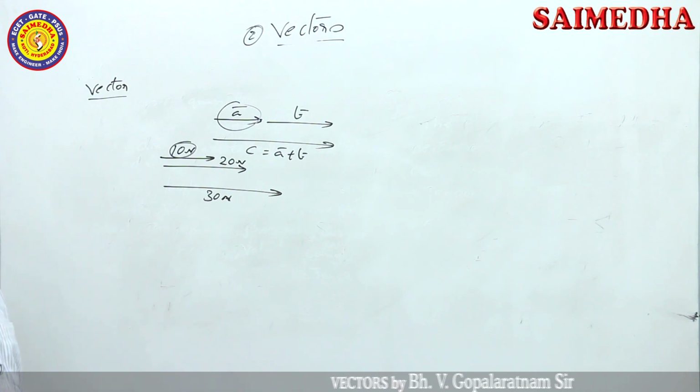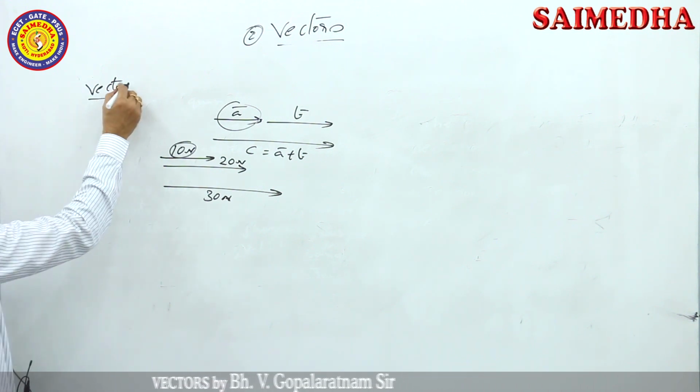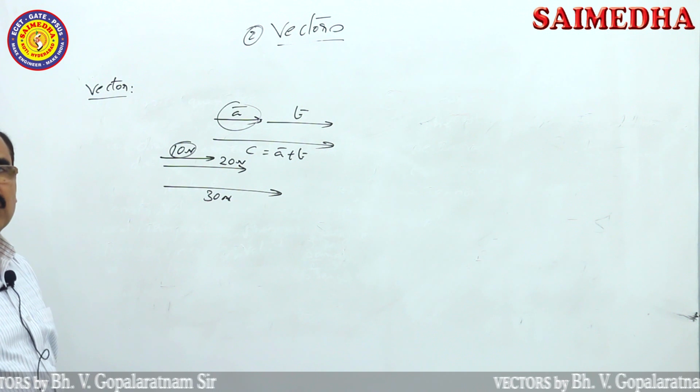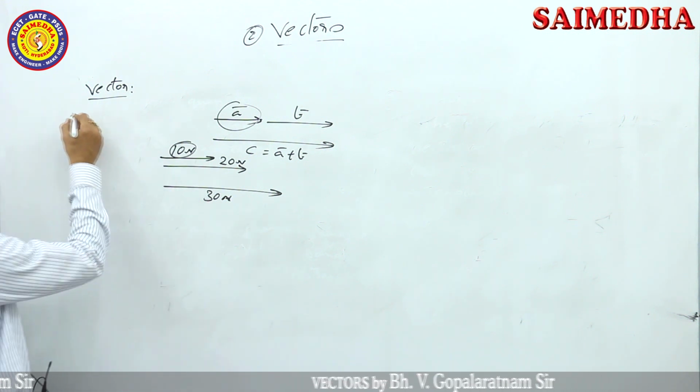So vector means the line segment which represents the vector physical quantity, both in magnitude and direction.